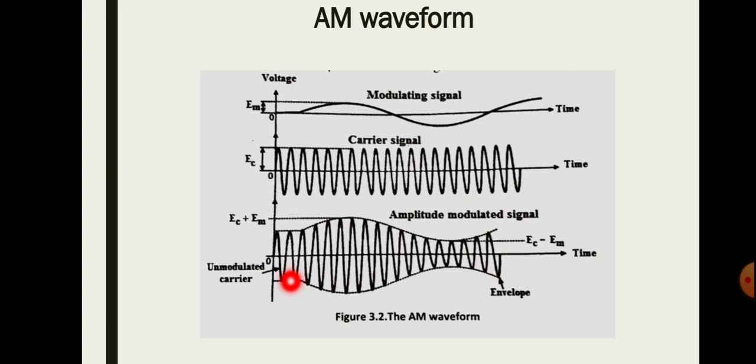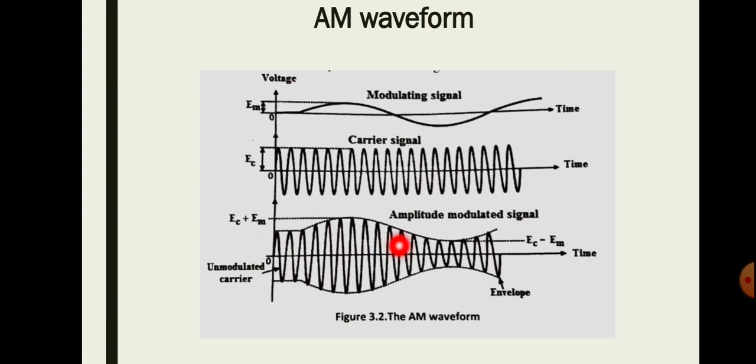So this is the envelope, and you can see the various amplitudes in this AM modulated wave. This is the maximum amplitude, and this amplitude is carrier amplitude plus modulating wave amplitude, that is EC plus EM. At this portion the amplitude is EC minus EM, that means carrier amplitude minus modulating amplitude, and these frequencies represent the unmodulated carrier wave.